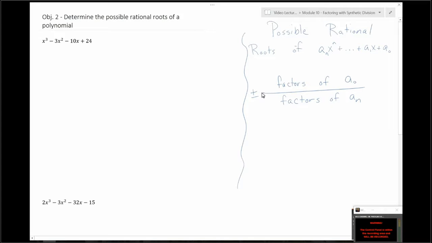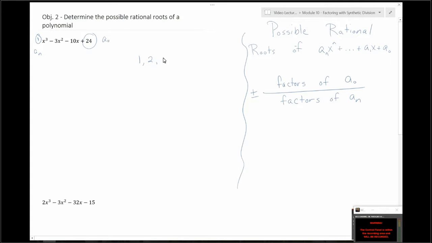So for example, if I have x cubed minus 3x squared minus 10x plus 24, this is my a sub 0. The 1 here is my a sub n. So my possible rational roots are the factors of 24.